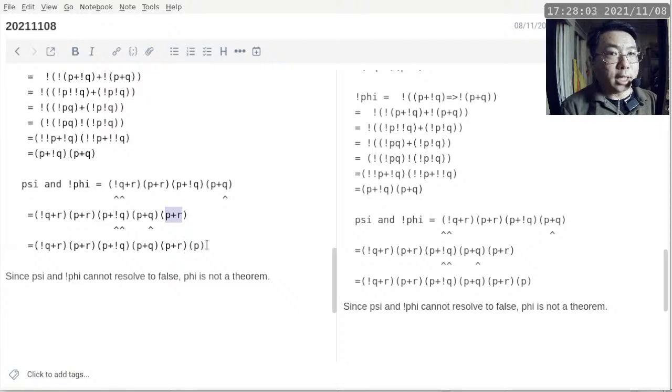Because you can attach it right now, this part I'm going to put in square brackets, because it's not really a part of the original question. But if you have Q or R in here, it's still not going to help, because all it can do in this case is give you the single term R, because this term here can resolve with this term over here, giving you just R as a term. But because we don't have a term of not R anywhere, it's still going to be a dead end. So it's not going to help.